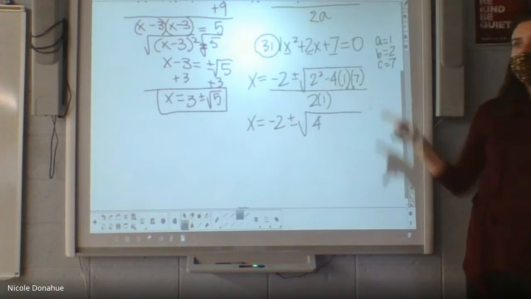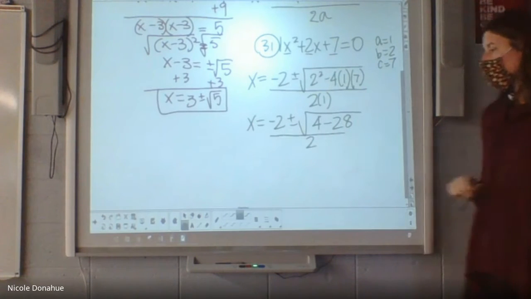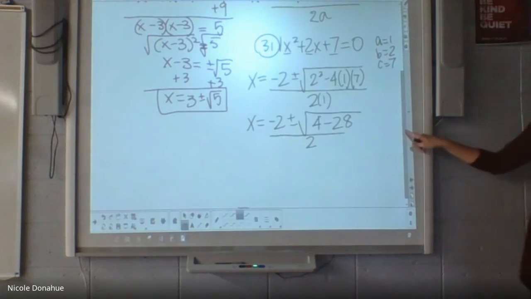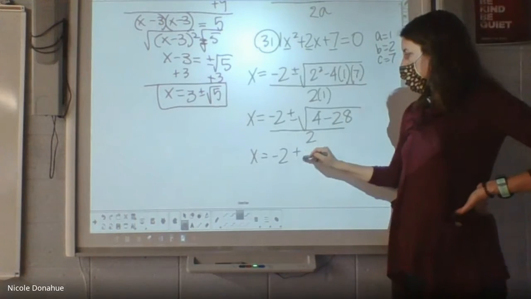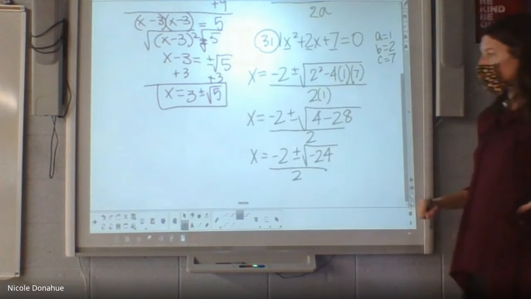Negative 4 times 1 times 7 is negative 28, all over 2. So negative 2 plus or minus the square root of negative 24, all over 2.